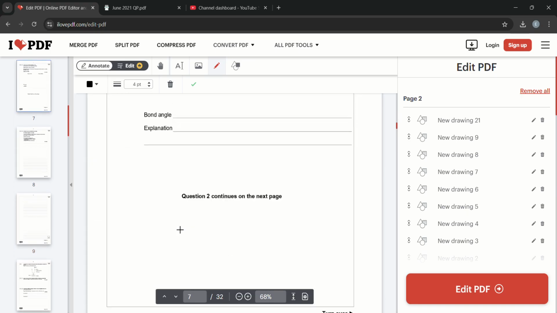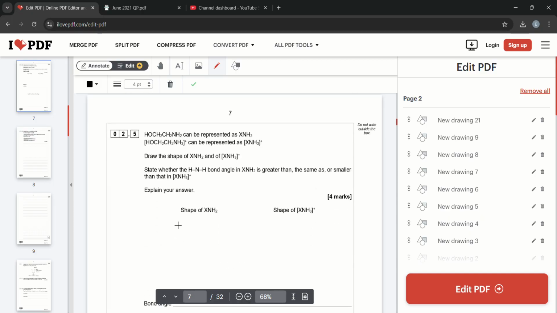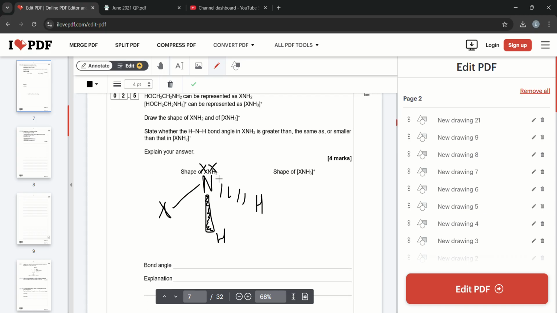Then it says question 2.5, draw the shape of XNH2. So we've got XNH2, H, H, and because nitrogen in group 5 is bonded to 3, it's going to have 2 electrons, but 1 lone pair of electrons.